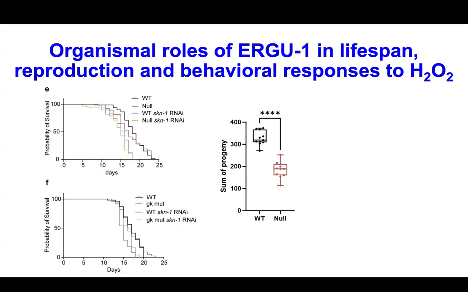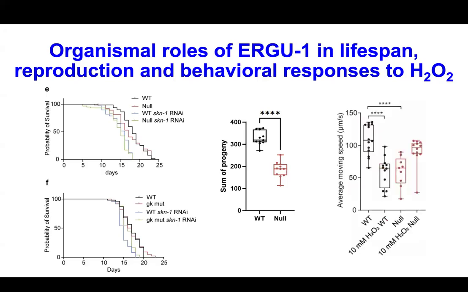And the only organismal phenotype we saw was the striking reduction of the brood size, the number of progeny generated for each hermaphrodite. In the wild type, it's about 320, but this is almost halved in the mutant animal. And also in terms of behavior, we found that the animal actually showed a very weird behavior response to H2O2.